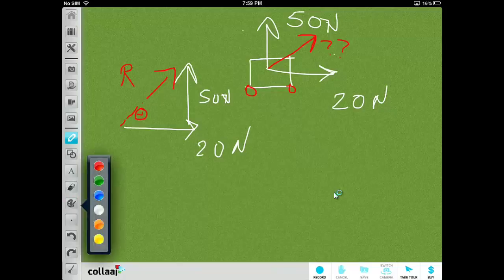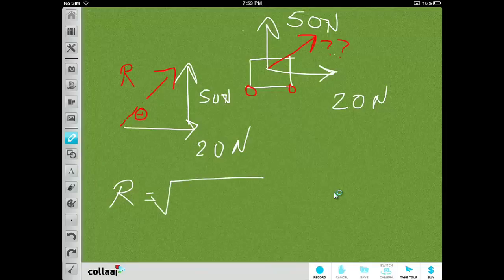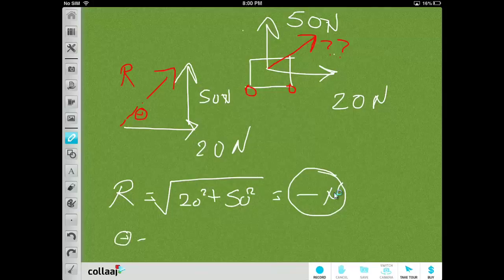So let's calculate the forces here. The R is equal to the square root of 20 newtons squared plus 50 newtons squared. Find your answer in newtons. This is the net force, the final net force. The theta is equal to tan inverse, which is tan minus 1, as usual.